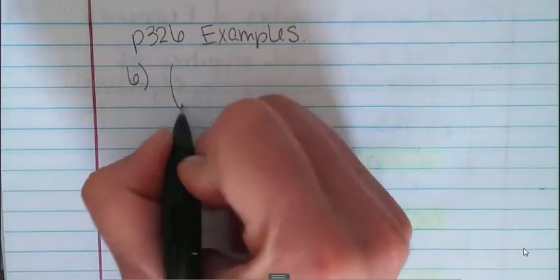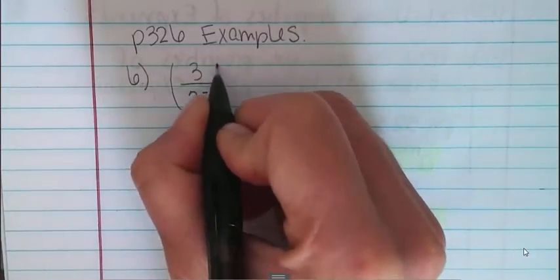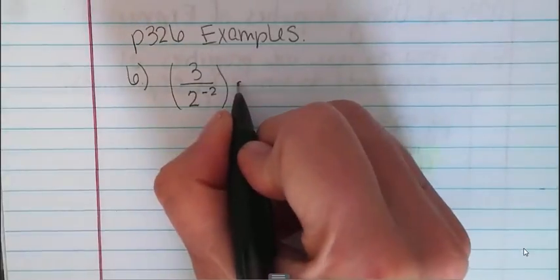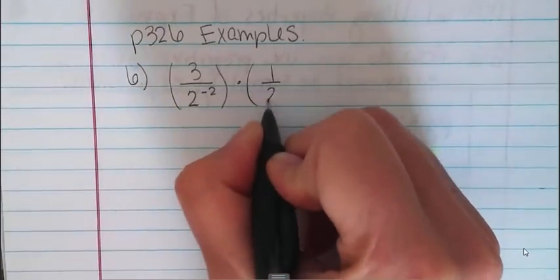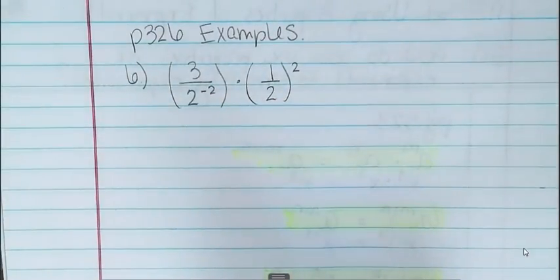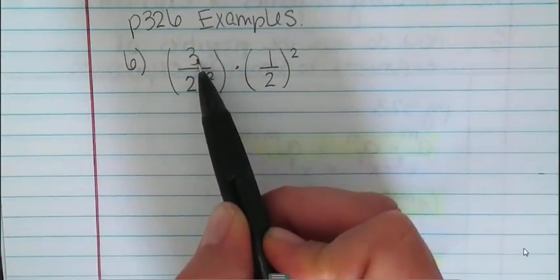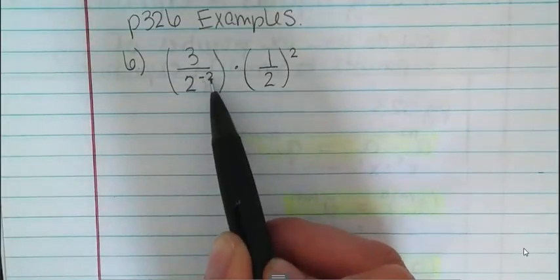You have 3 over 2 to the negative 2 times 1 over 2 squared. And the directions here are to evaluate, because we can actually come up with a numerical answer here. All right, well, starting out, I see I have a 3 in the numerator, but I have 2 to the negative 2 in the denominator.